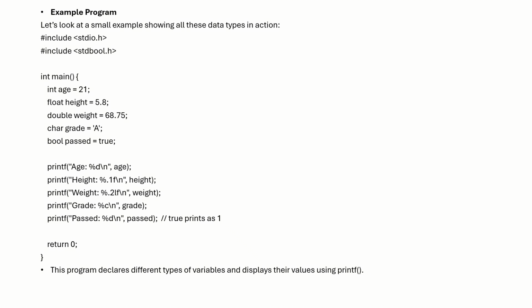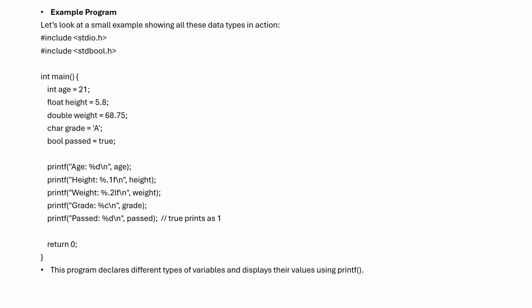Then we are printing age = %d. Here %d is the format specifier for integer. Then we are printing height = %f with 1 decimal point. %f is a format specifier for floating point numbers.